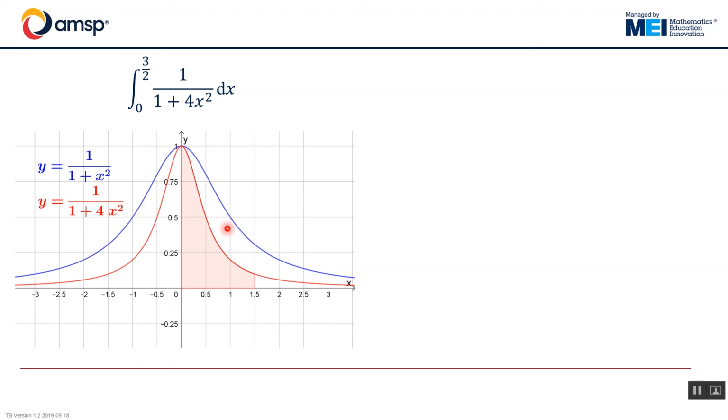I'm going to use a made-up term to describe this, which is a half-life. This is a made-up term, it's not a textbook term, but the half-life is 1. Basically, after 1, it's dropped half its height.